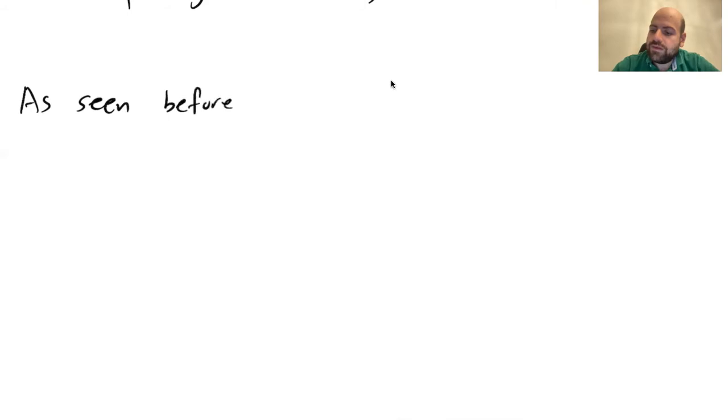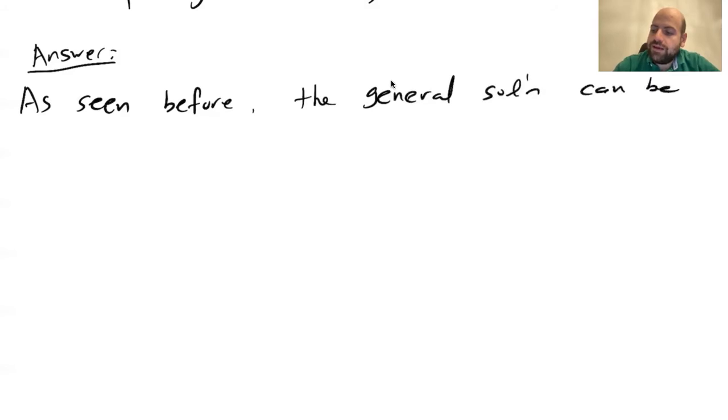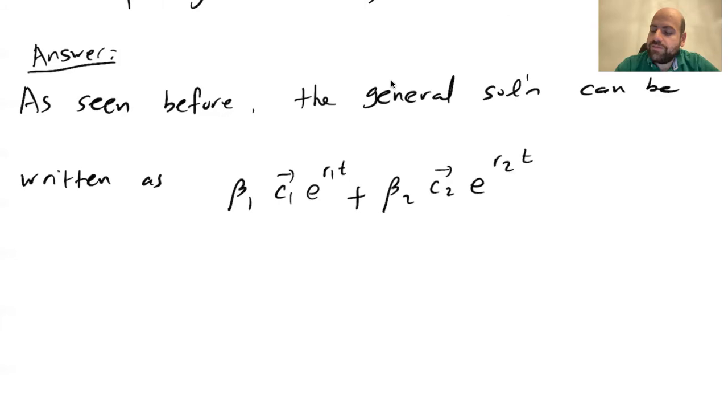So this is the answer, as seen before. The general solution can be written as beta 1 C1 e to the power R1t plus beta 2 C2 e to the power R2t.